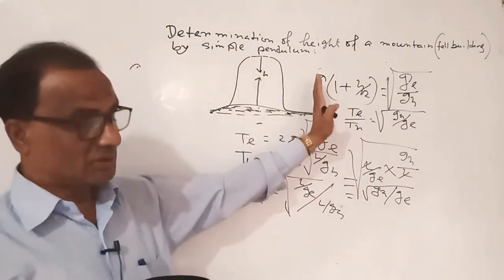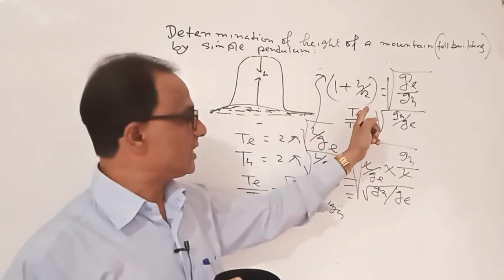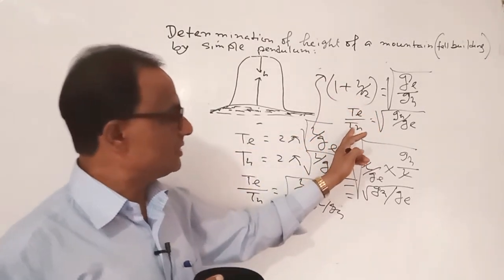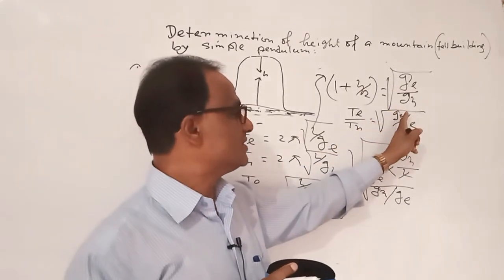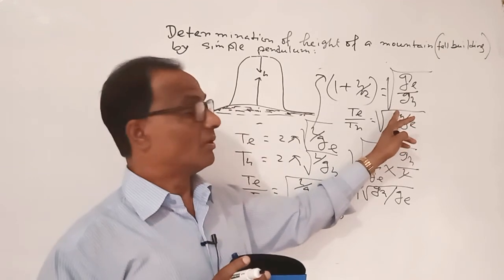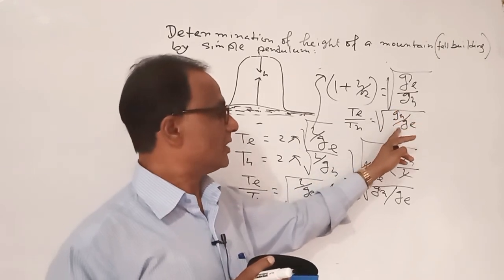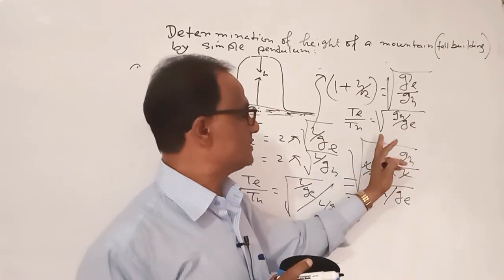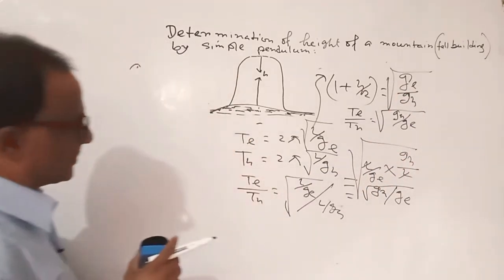So we can say the ratio of the time period on the earth surface to the hill is equal to the root of the ratio of the acceleration due to gravity on the hill to that on the earth surface.